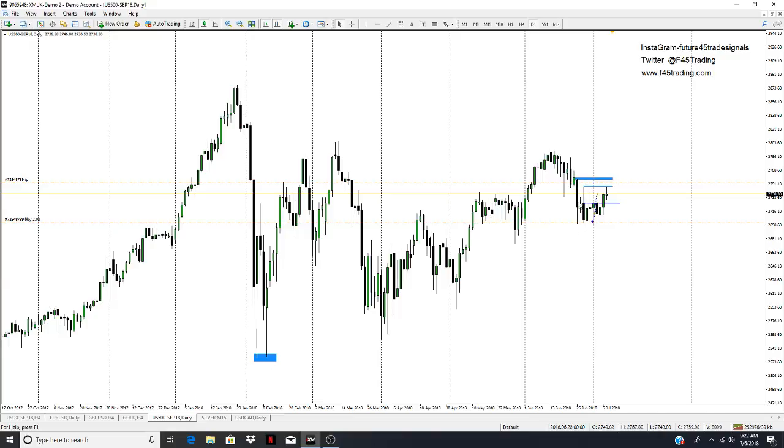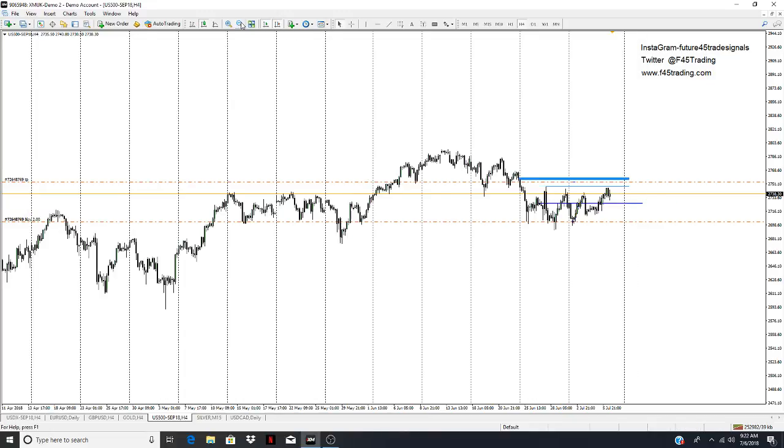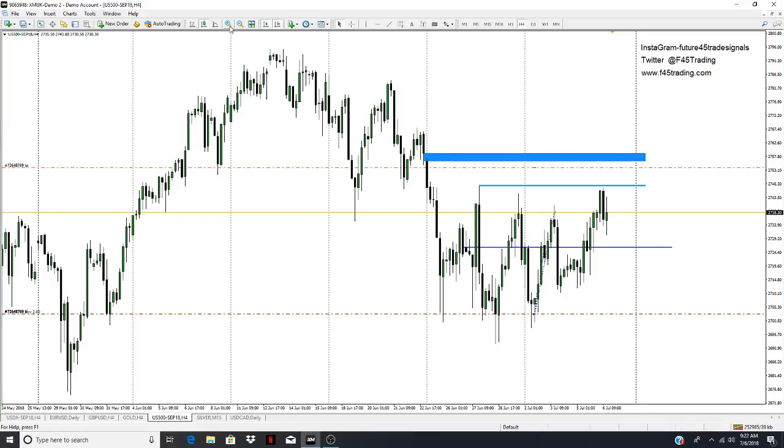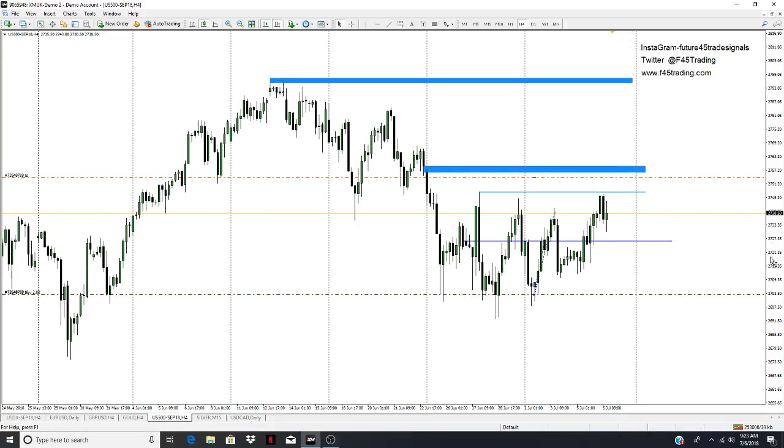But right now we're still working our way up, and we have these small equal highs also right here. That is an upside objective on this. So we have upside objectives and downside objectives on this S&P right now. And right now we're going up, and I'm just going to keep looking for buys on this until we get a strong rejection, and then those lower targets will be what I'll be looking for.